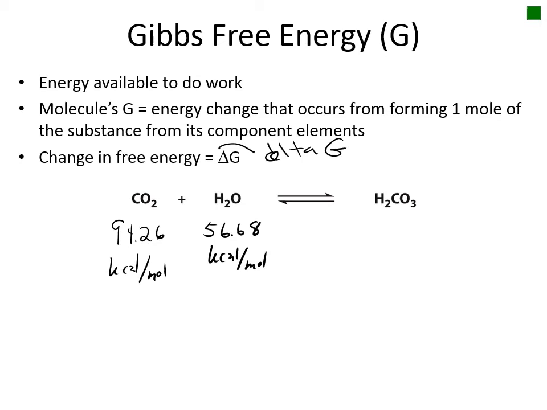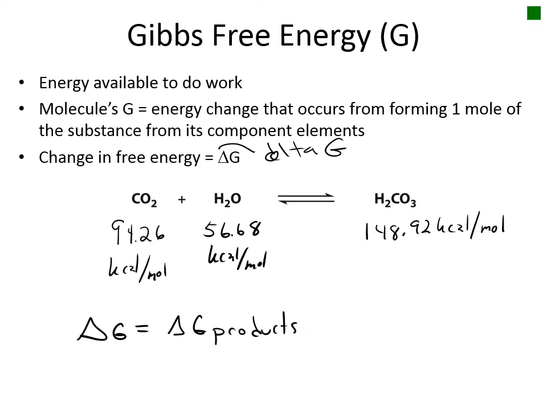The free energy in carbonic acid is 148.92 kilocalories per mole. The equation for calculating the change in free energy is the delta G of the products minus the delta G of the reactants.